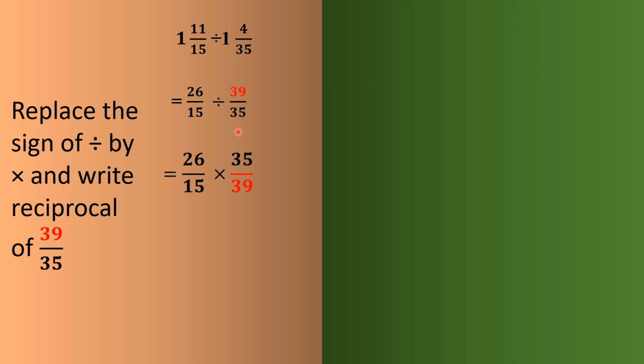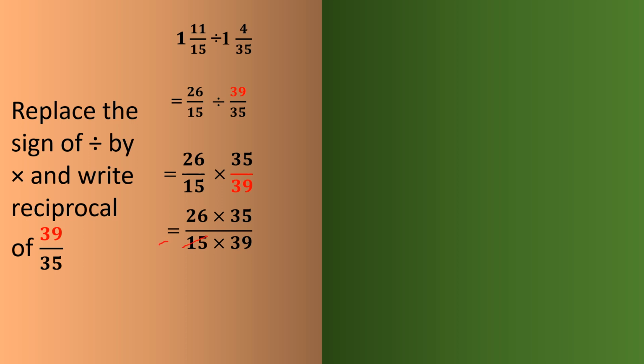So it is 26 by 15 multiply 35 by 39, and it is very simple because it is multiplication of fractions. So 26 multiply 35 by 15 multiply 39, and we can simplify it. How? 15 and 35 both have a common factor, which is 5.